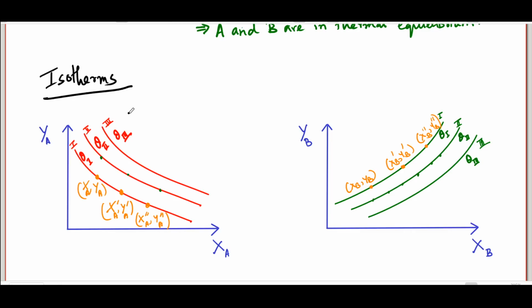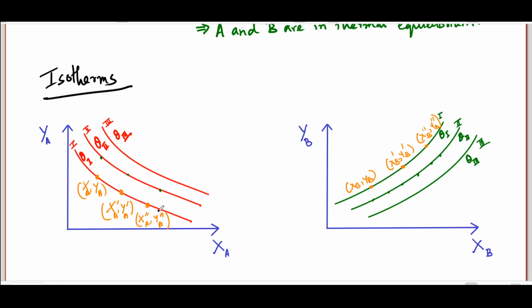And now you have isotherms which are labeled by fixed values of this function theta. So all the states here, xa ya, xa prime ya prime, xa double prime ya double prime, all correspond to the value theta 1 of this particular function.